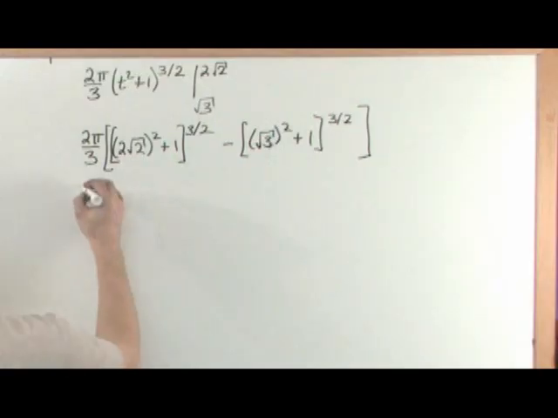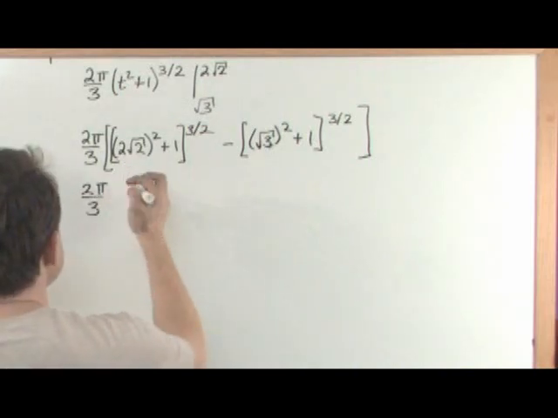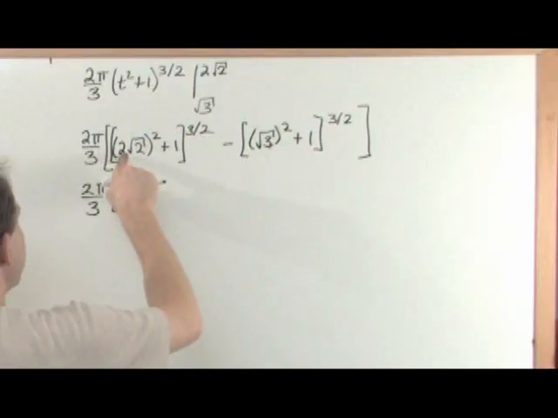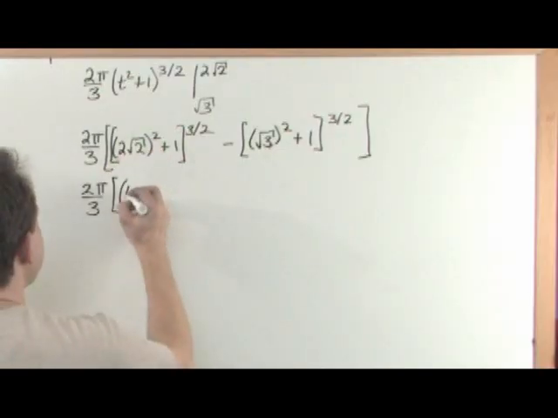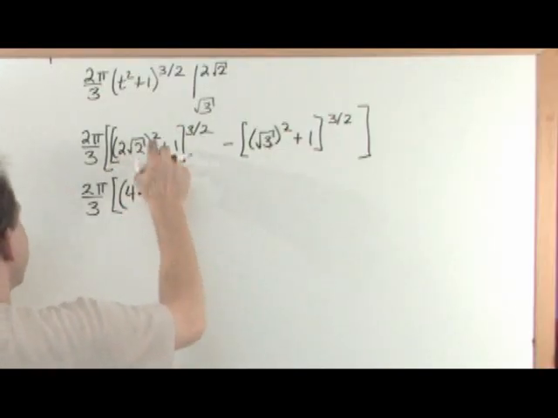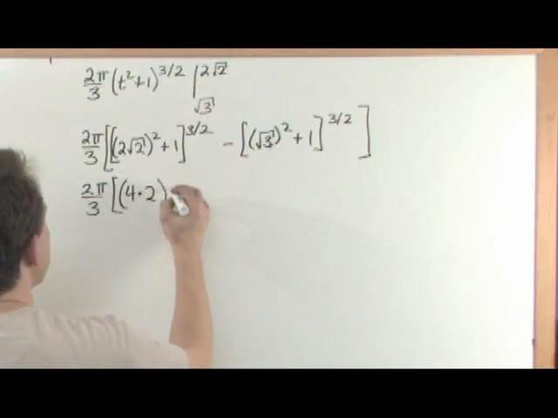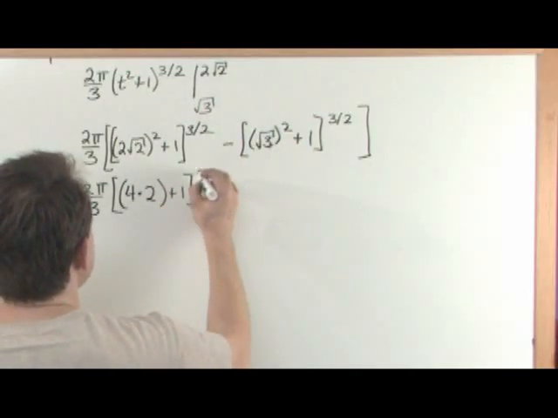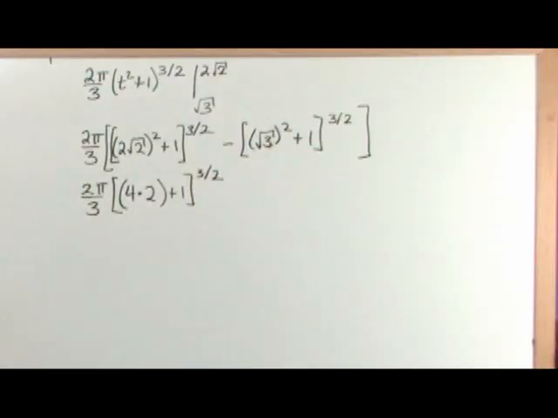Now let's go ahead and crank through it. 2 pi over 3. Now what do I have inside of here? Well, this is going to be 2 squared is going to be 4, times square root of 2 squared is going to be 2, plus 1. And this is going to be raised to the 3 halves power. Okay. Let me make sure and keep my brackets here.